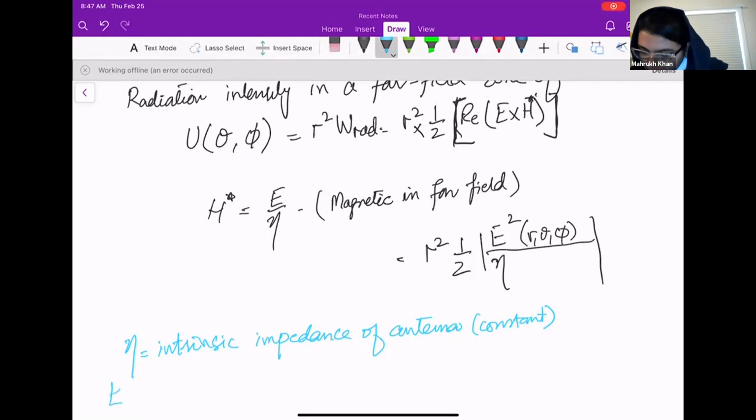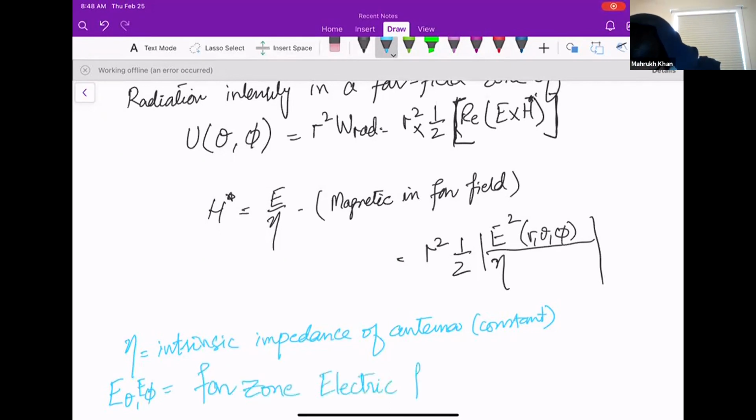so we are saying that we have two components, theta and phi, because in radiation intensity we are actually having two components, E theta and E phi, which are far zone electric field components of antenna.